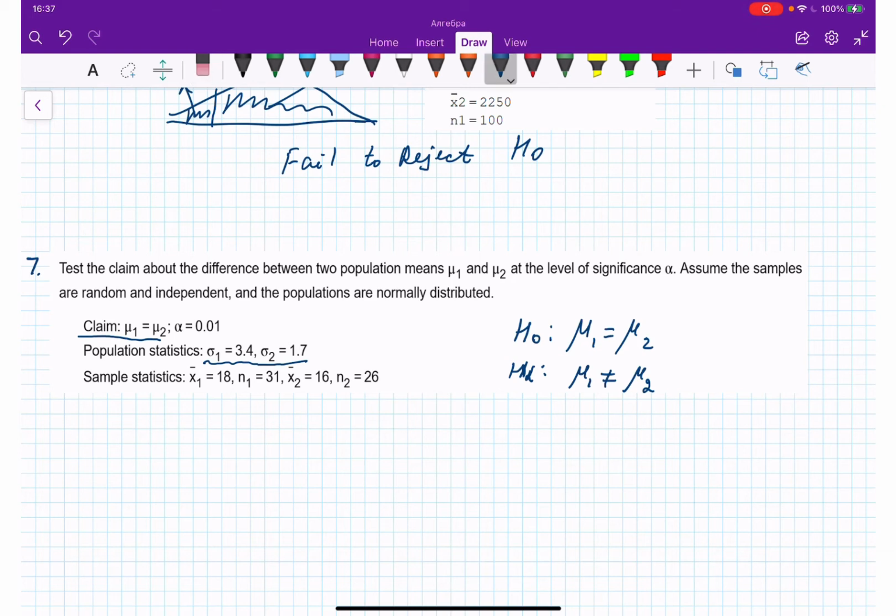Standardized test statistics is equal x1 minus x2 minus mu1 minus mu2, and we divide by sigma, standard error, we call x1 minus x2.